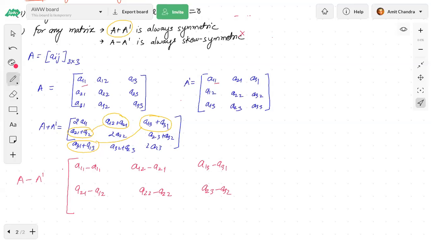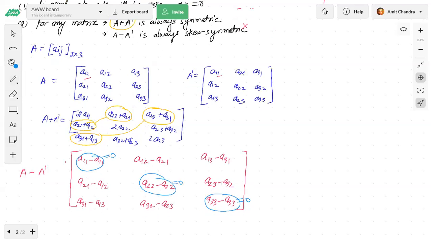A31 minus A13. A32 minus A23 and A33 minus A33. Now if we see them closely, all the diagonal elements are equal to 0. So diagonal elements are all 0.